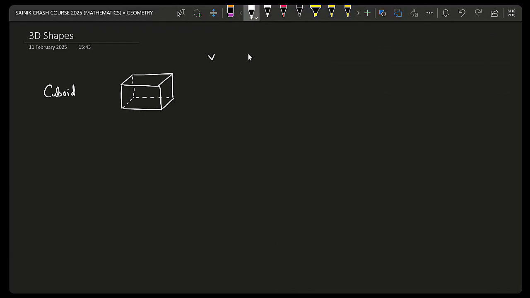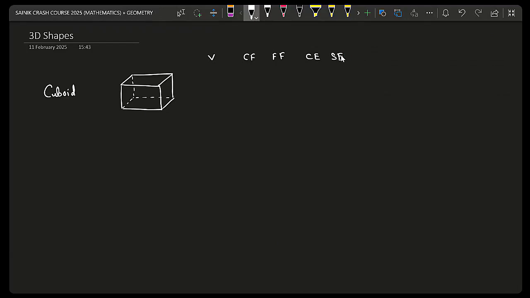Faces we can divide into two types: curved faces and flat faces. Then edges: straight edges and curved edges. These things we are going to find out.